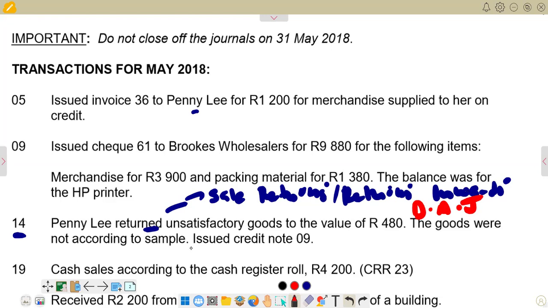So let's take note of the details of the transaction. The date is 14, we have a value of 480 of goods that were returned, and the document number is credit note 09. So this is what we have in terms of this debtors allowance journal, and we are just going to enter those as such.